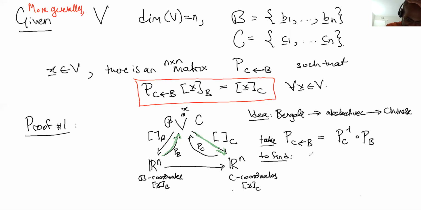To find the matrix, let's see what this does to the standard basis vectors. I need P, C gets B, applied to a standard basis vector of B. I know that this equals the C coordinates of this basis vector. But what is the coordinate vector of B1 with respect to the basis B? Can anybody tell me?